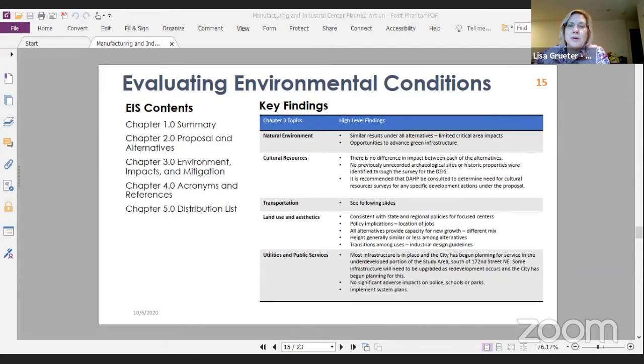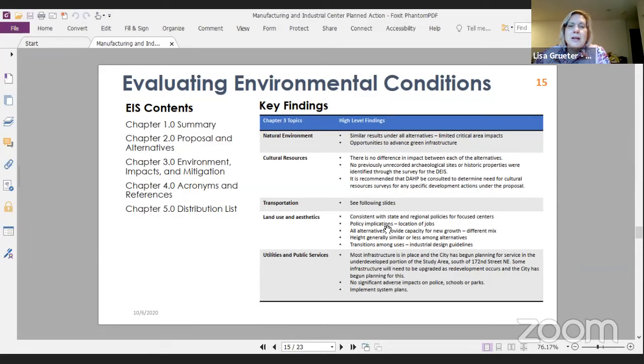So no new sites were identified. They do recommend that the Department of Archaeology and Historic Preservation be consulted to determine the need for cultural resource surveys. We'll talk about that a little more in the planned action. We'll dive into transportation in a little more detail.